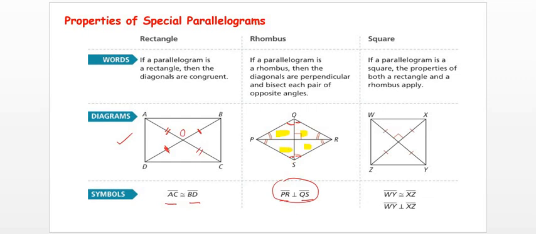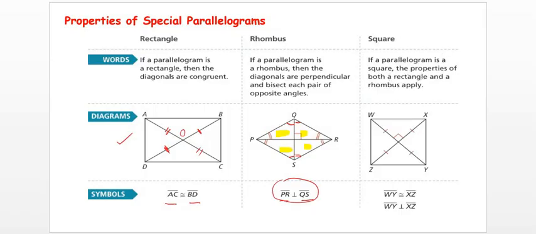In other words, all these four angles are congruent to each other. Similar is the case for angle P and R. Because of drawing this diagonal PR, we will get two pairs of angles, and all these angles are congruent to each other. Right?